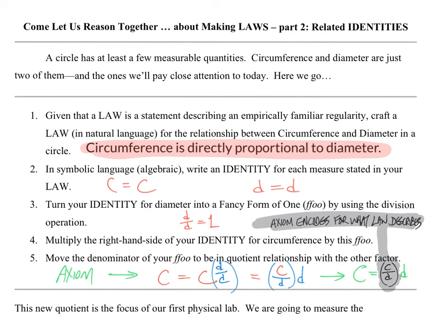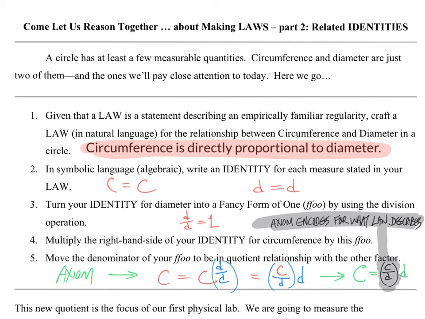That piece of the axiom is setting up this connection between circumference and diameter. So if anything from this you learn, quotient relationships are how I encode mathematically for the connection between physical quantities.